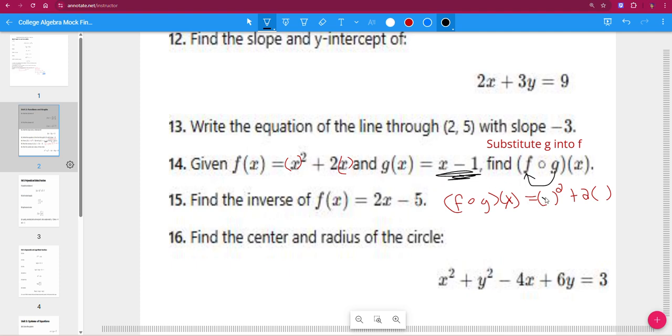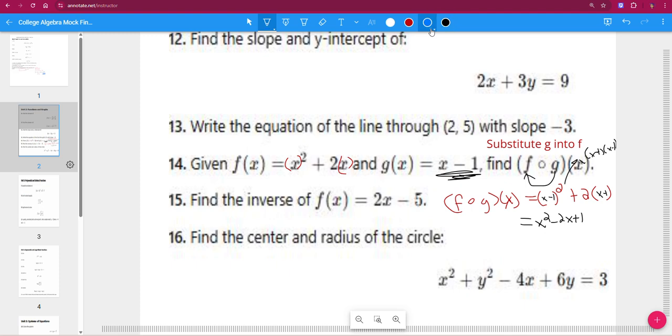So I have x minus 1, x minus 1. We did this earlier. x minus 1 squared means to do x minus 1 times x minus 1. So it gives me x squared minus 2x plus 1.